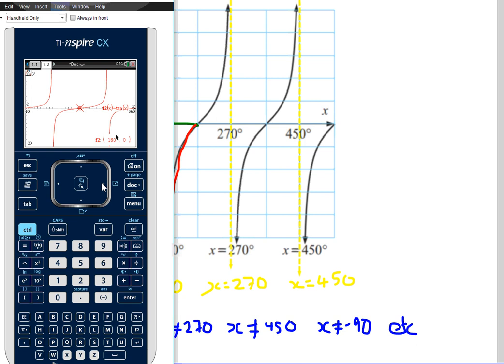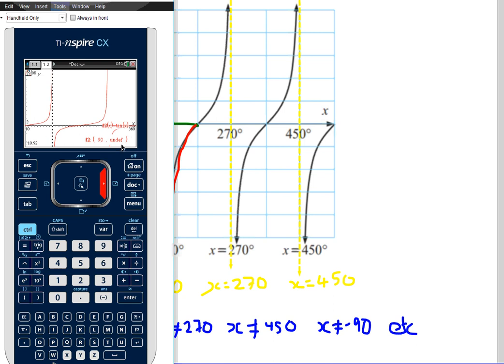So if you scroll along, at some point you see it becomes undefined. Once you hit the undefined, it shows you the asymptote, which is pretty cool. So I've got an asymptote at 270. There's another one over here. Down here, it'll hopefully get to an asymptote one day. Oh, and there it is. Yeah, 90 and so on. Undefined, yep. So just showing you where we've got some asymptotes.